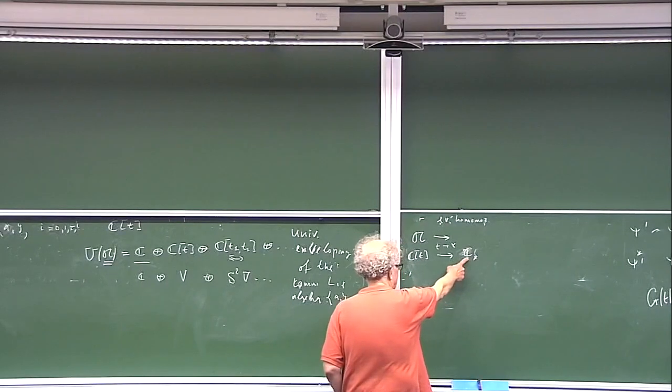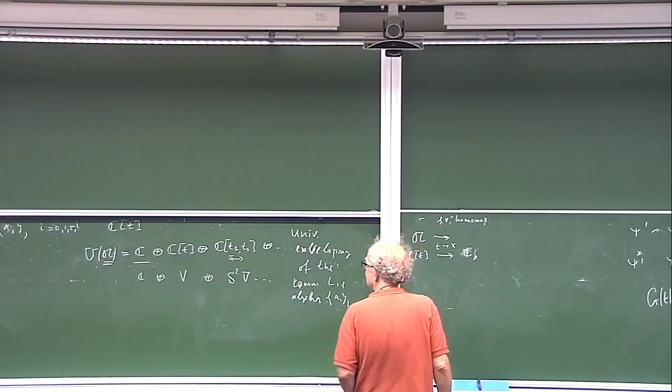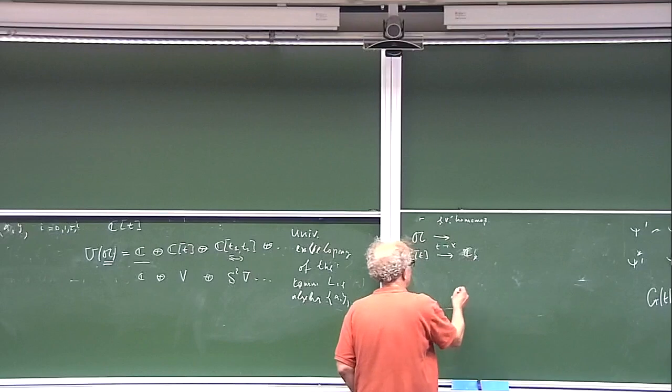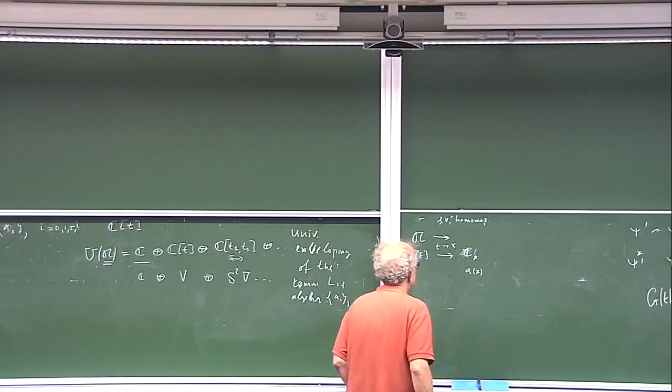This is a one-dimensional Lie algebra, and it has a generator, maybe A_x, some notation.